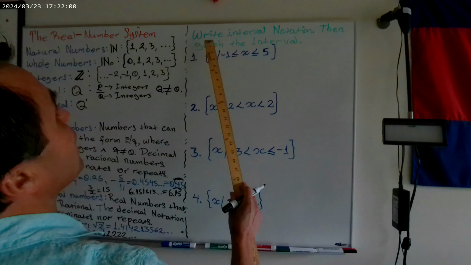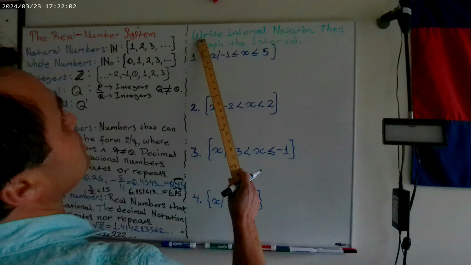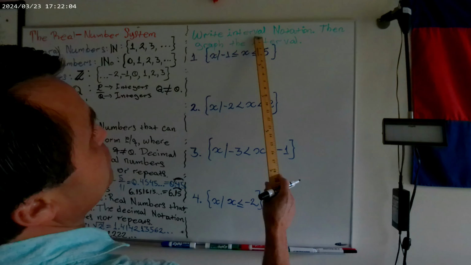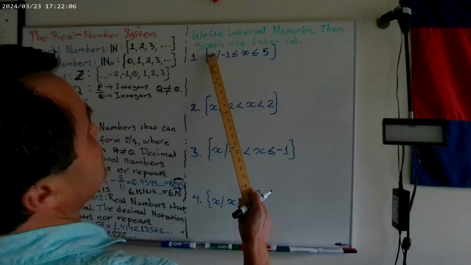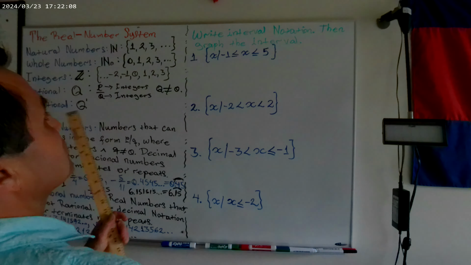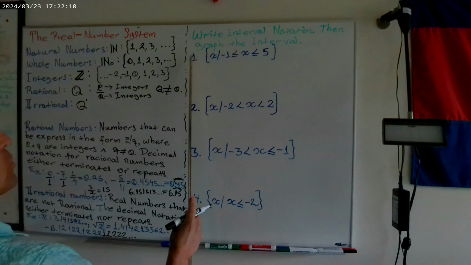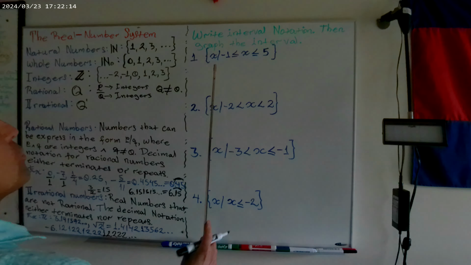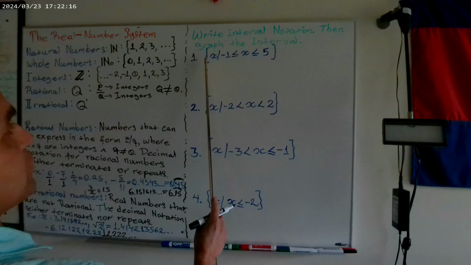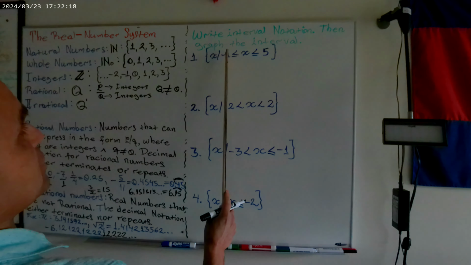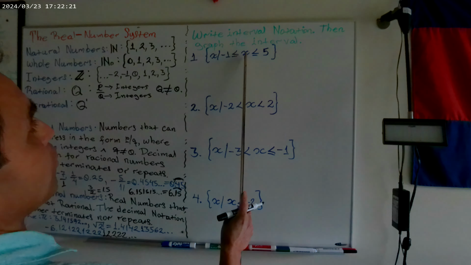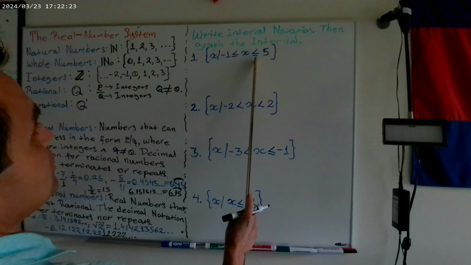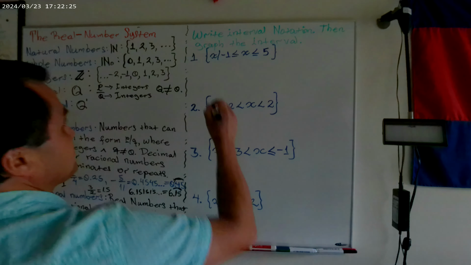The instruction is: write in interval notation, then graph the interval. Exercise number 1 is written this way: x such that minus 1 is less than or equal to x, and x is less than or equal to 5.